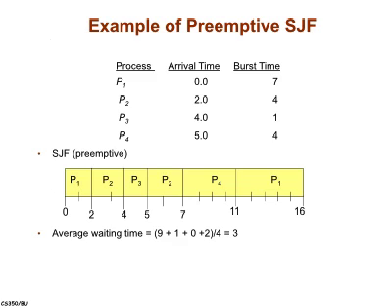So let's take a look at the same example as before. In this case, P1 starts running at time 0 with a CPU burst of 7 time units. When P2 arrives at time 2, P1 still has 5 units of CPU execution remaining. So the CPU scheduler will compare P2 and P1.